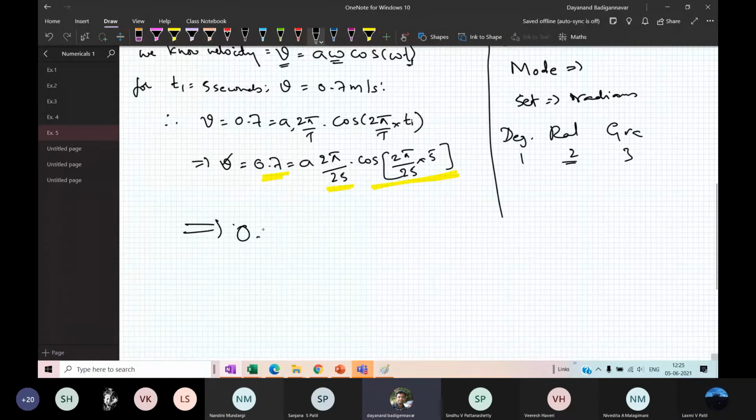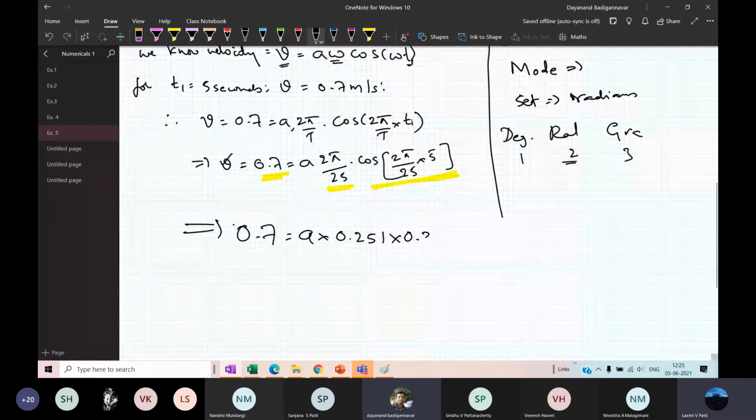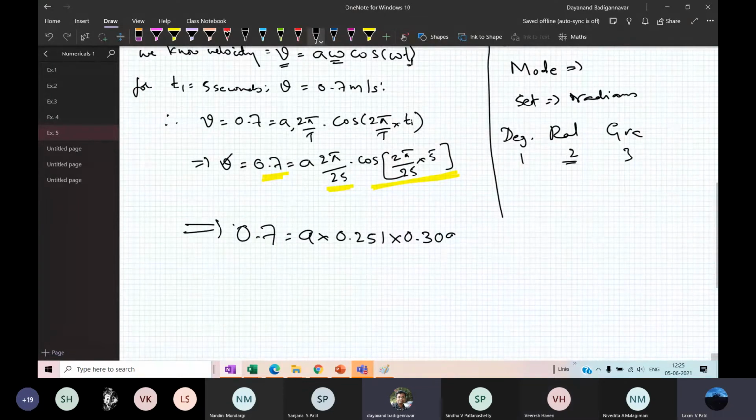That is 0.7 is equal to A as it is, 2 pi by 25. If I calculate 2 pi by 25, it is 0.251. Yes, very good. It's 0.251 into cos of 2 pi divided by 25 into 5. So this will give you 0.310. Sir, I have got it as 0.309. It's almost 0.310.